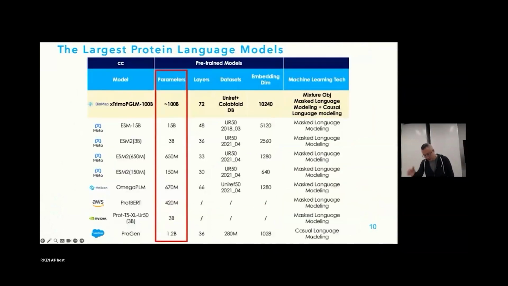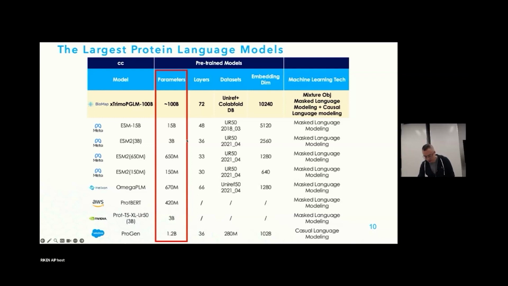Interestingly, such a large model hasn't been done in the biological community or the medical community yet. And some of the earlier models were actually trained in internet companies such as Meta or Salesforce. One reason being that it requires quite a bit of understanding about the transformer deep learning architecture and quite a lot of engineering and computing resources to get it working, right?